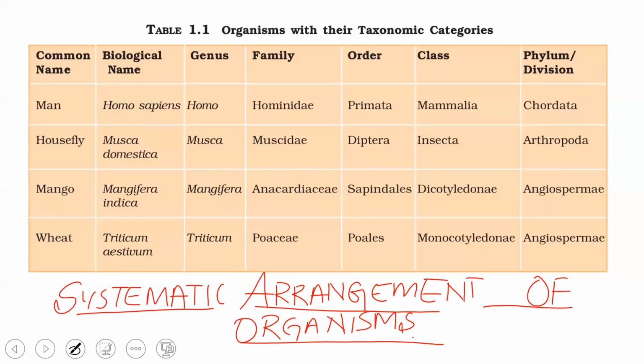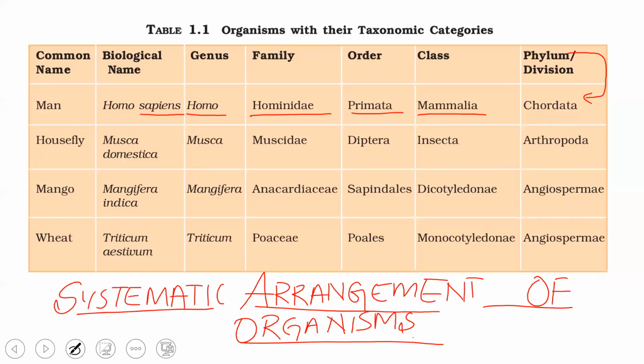The taxonomic categories can be arranged in the following way. For man, starting from the species, man belongs to the species sapiens. He belongs to the genus Homo, the family Hominidae, the order Primata, the class Mammalia, and the phylum, because it is an animal, phylum Chordata.